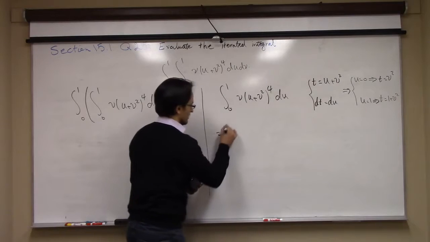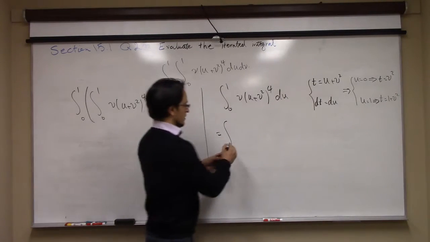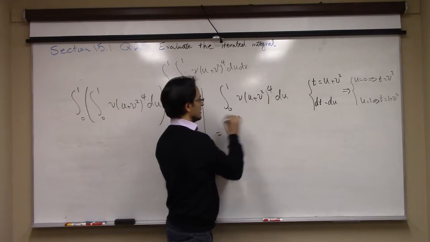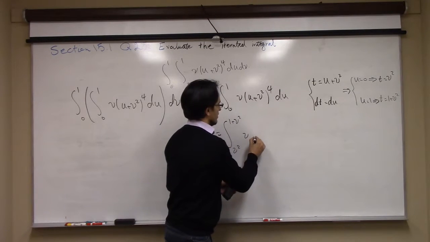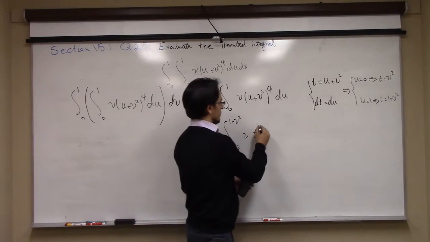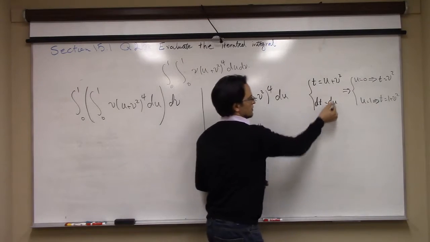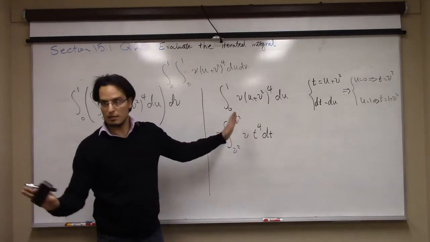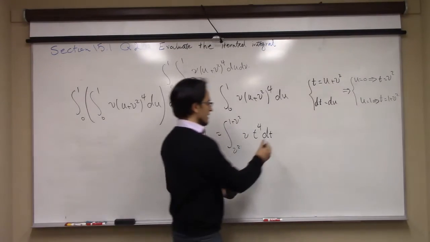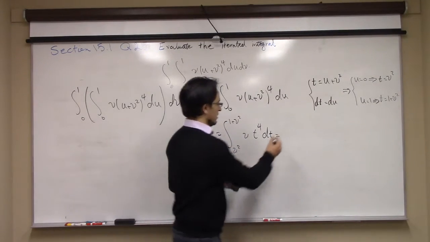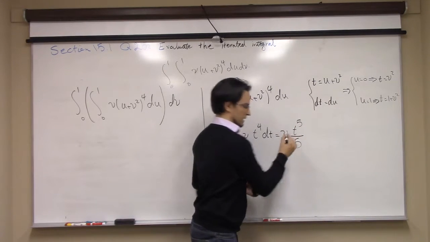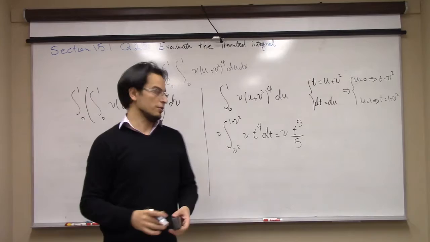Now my new integral is going to be the integral from v squared to 1 plus v squared of v times t to the power 4, where du is equal to dt. So we have this. v is constant, just take it as constant. Then the result is going to be v times t to the power 5 over 5. That's just the power rule for integrals.